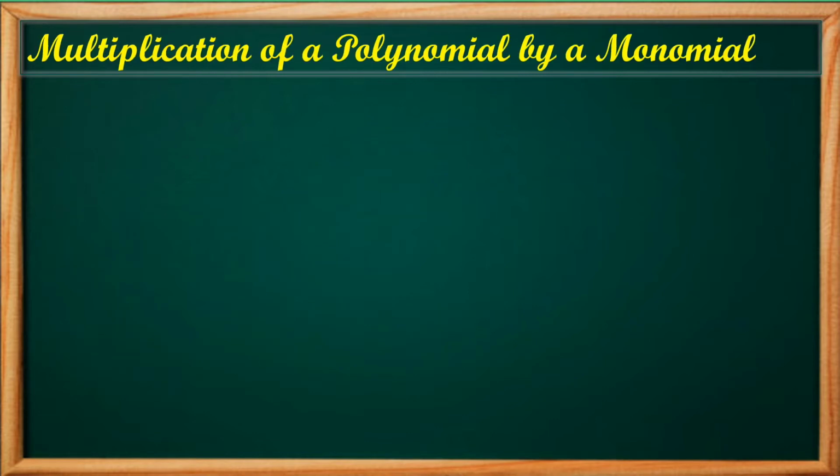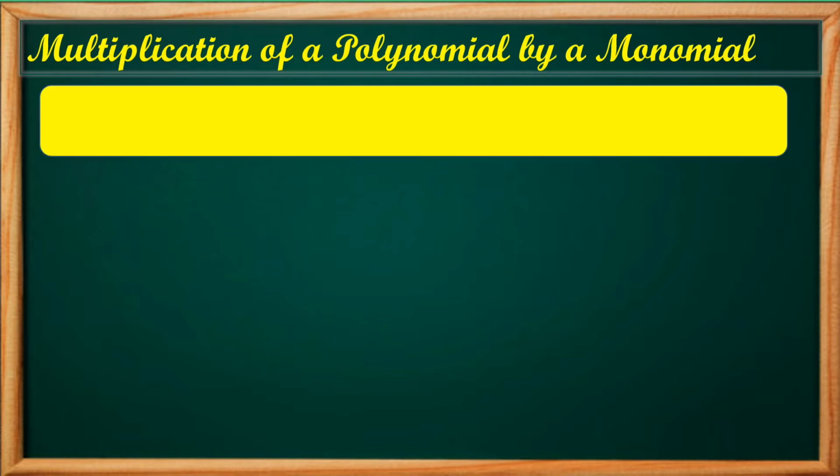Okay. Then, this time, we will discuss how to multiply polynomials by a monomial. Again, polynomial by a monomial. The first thing we need to remember in multiplying a polynomial by a monomial is that we apply the distributive property.